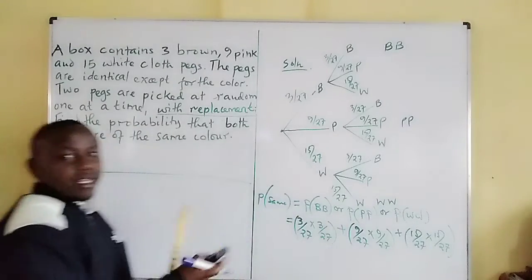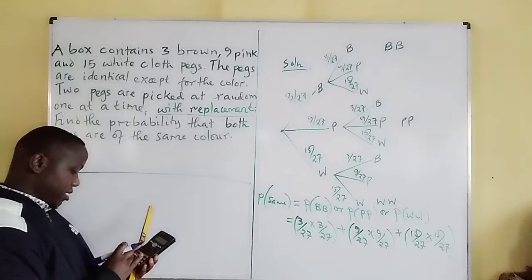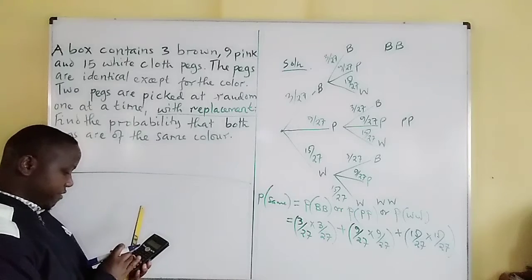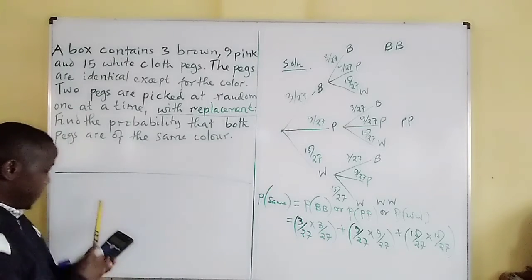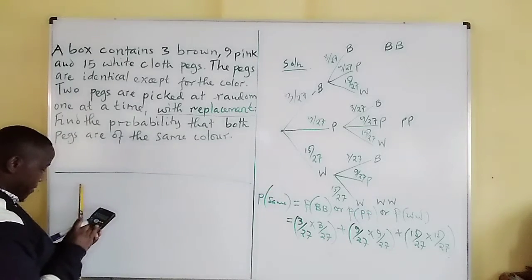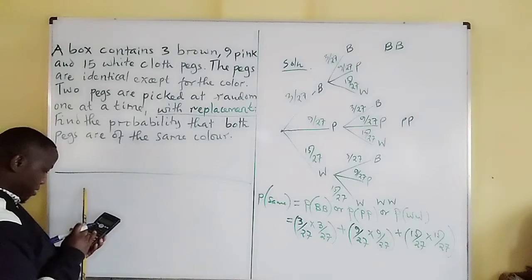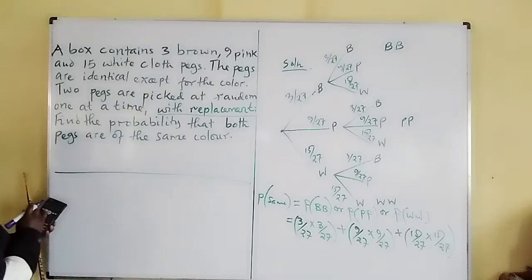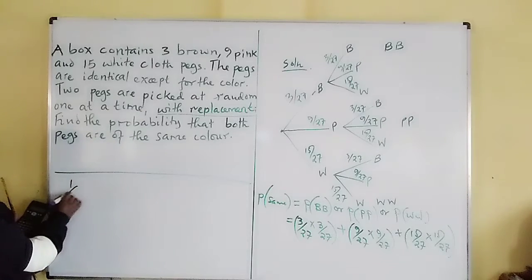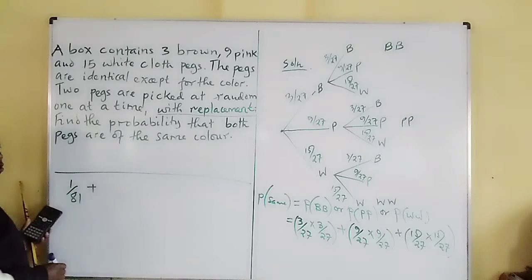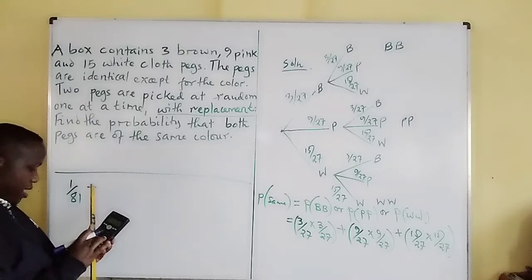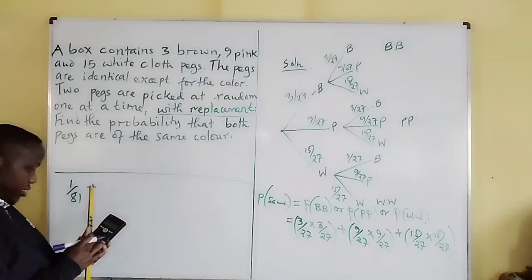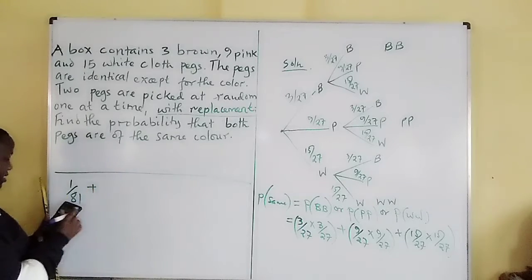So let me simplify the values using a calculator. 3 by 3 divided by 27 by 27 will give us 1 out of 81. Or means addition. 9 by 9 divided by 27 by 27 gives 1 over 9.